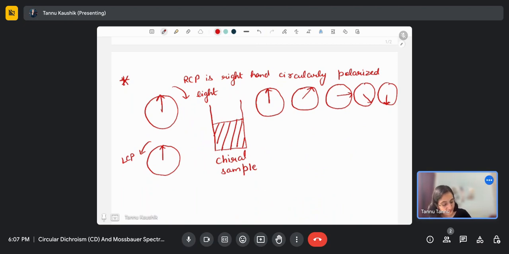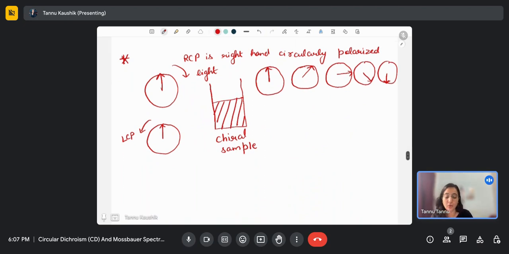But this chiral sample not only rotates the plane polarized light, it also absorbs the light, and hence a decrease in the intensity of the resultant light will be observed. So let's say this chiral sample is not only rotating the left hand circularly polarized light, but also absorbing this light.